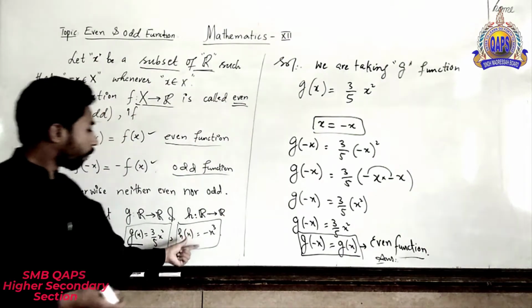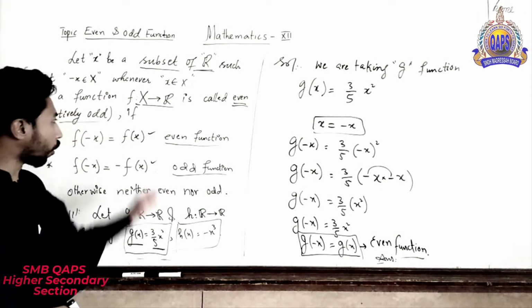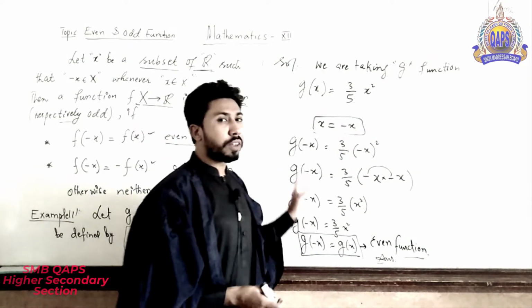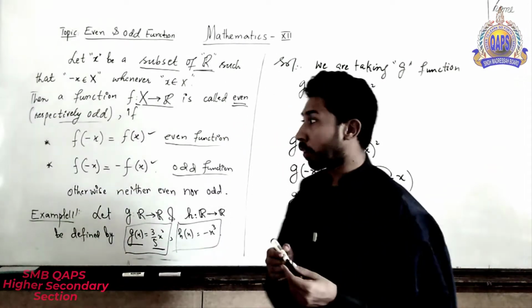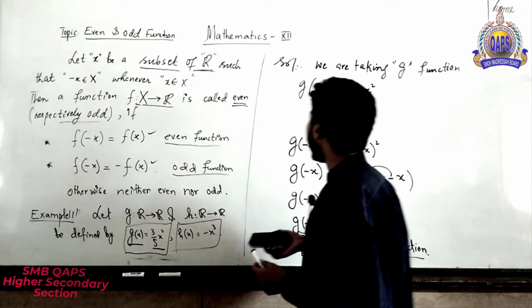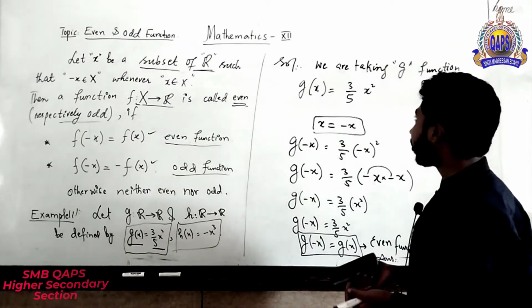Now again we prove the second function through these points. The first function is known to be an even function. Now in the same way, we apply the second condition on the second function.